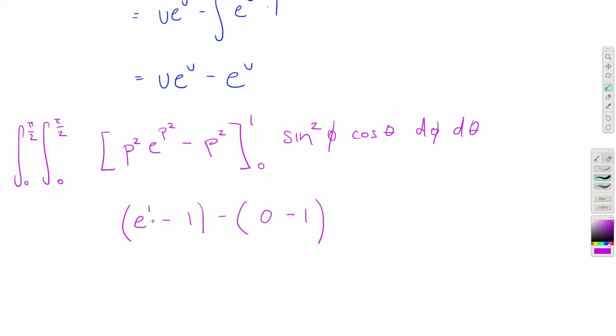Oh no. So you're going to get e to the 1 minus 1 plus 1, which is going to be e to the 1. Okay. Something has gone wrong. Very, very wrong.